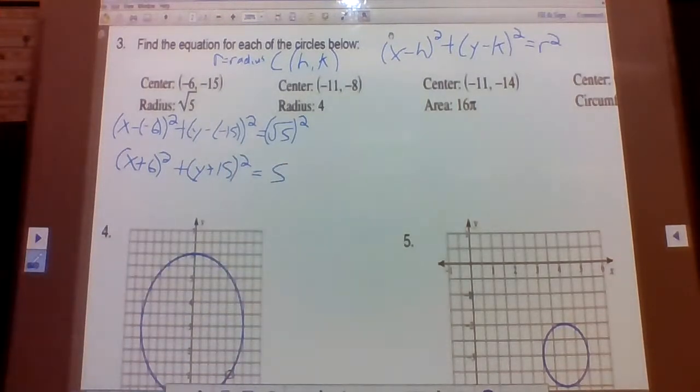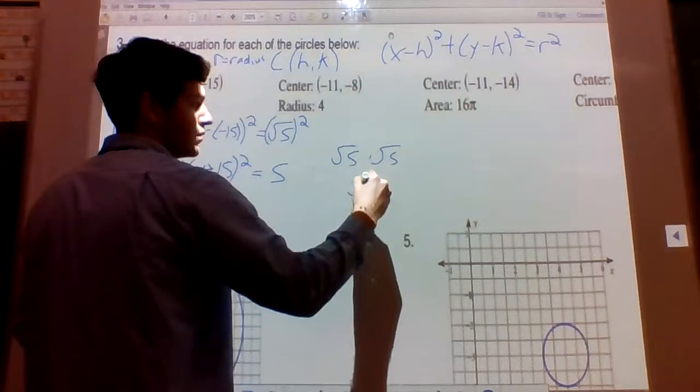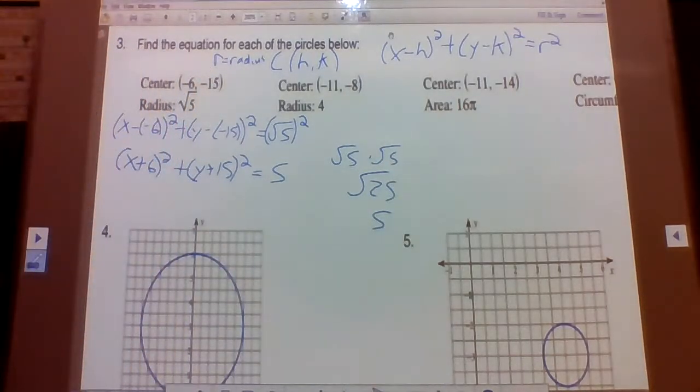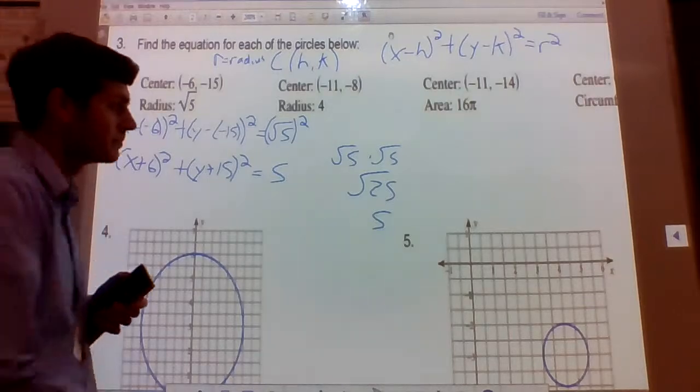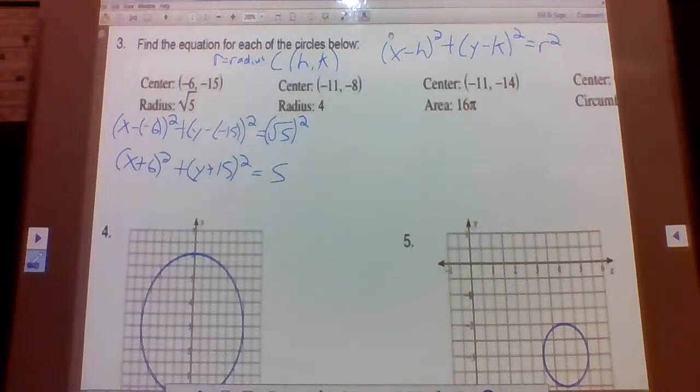Square root of 5 squared is 5, right? Square root of 5 times the square root of 5 is the square root of 25, which is 5. So that's our equation for the first one.